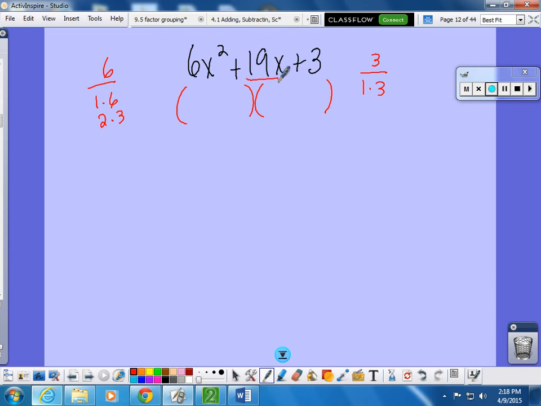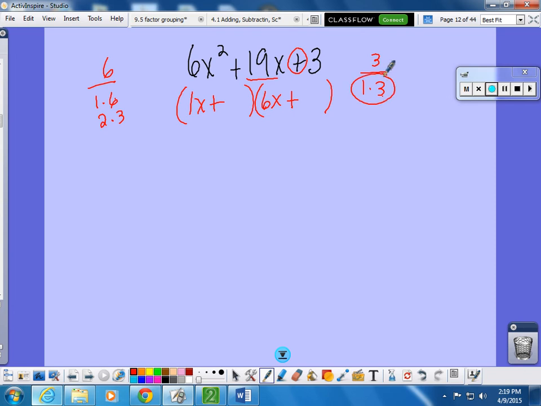So what is 6 times 3? 18. That's really close to 19. So instead of starting with this 2 and 3, I'm going to start with this 1 and 6. And I've got some good news right here, right? What does this tell me? Like signs. And they're both positive.